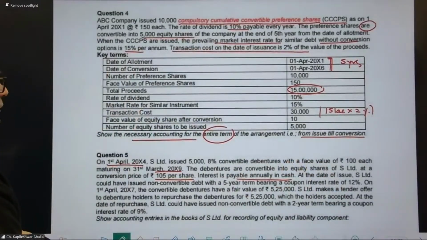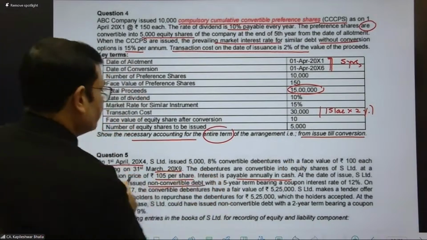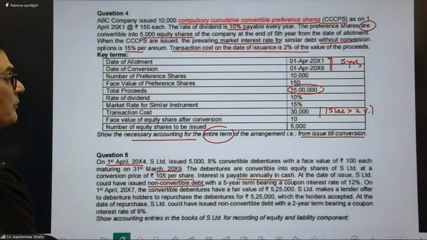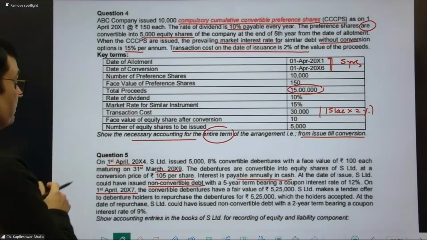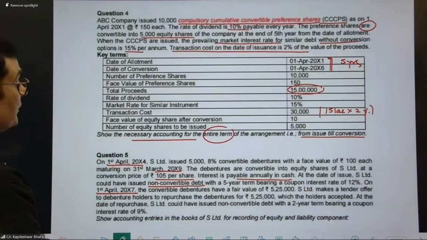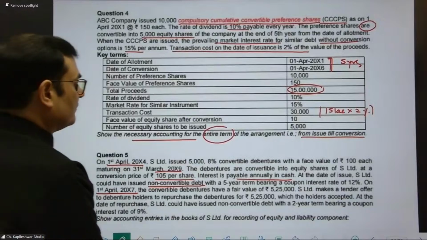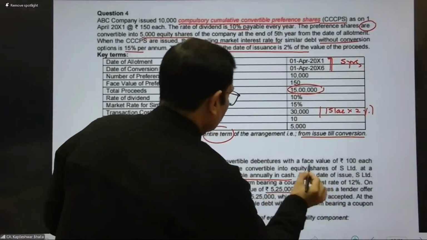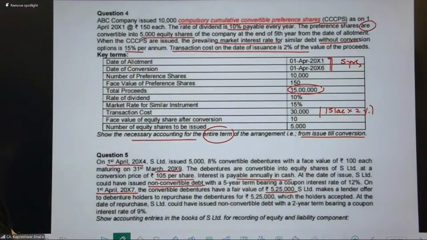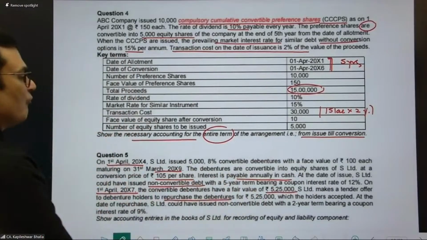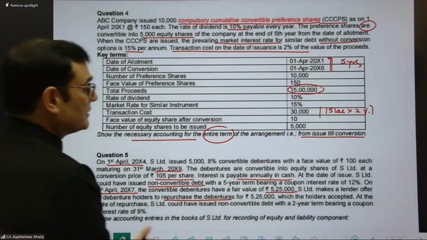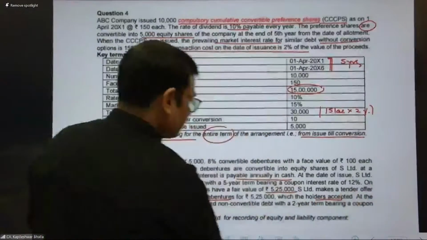And at the date of issue, S could have issued a non-convertible debenture of 5 years at a coupon rate of 12%. On 1st April X7, in between, that is after a period of 3 years, the convertible debentures have got a fair value of 525. S makes a tender to debenture holders to repurchase the debentures for 525, and the holders accepted the option.